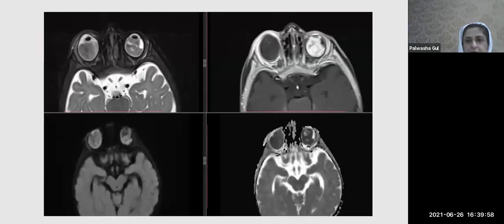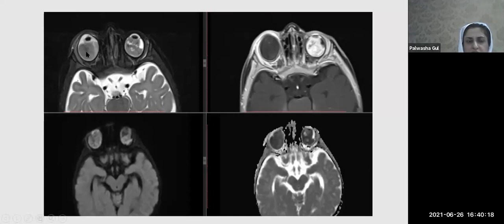Case number 15, MRI orbits, T2, post-contrast T1, and a DWI. This patient came with proptosis and white pupillary reflex, and there was some enlargement of the right-sided globe.